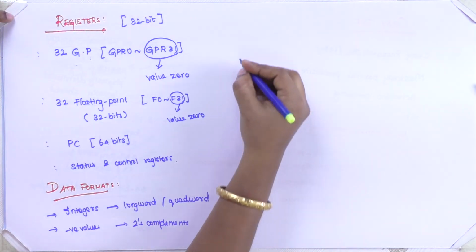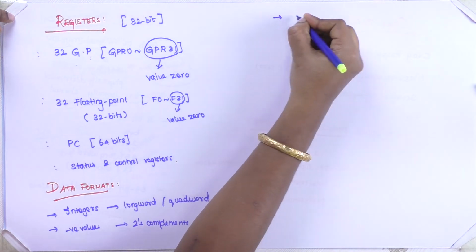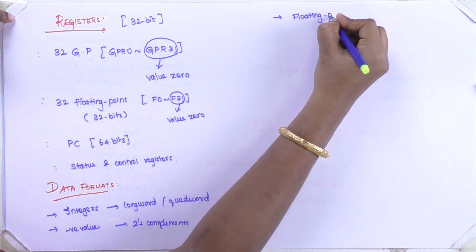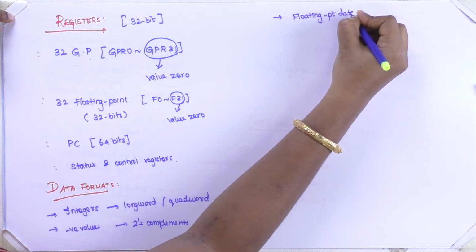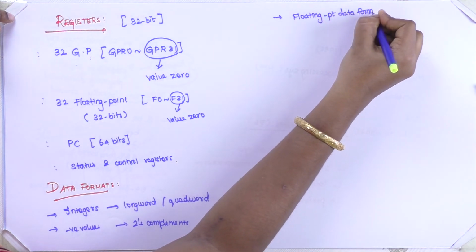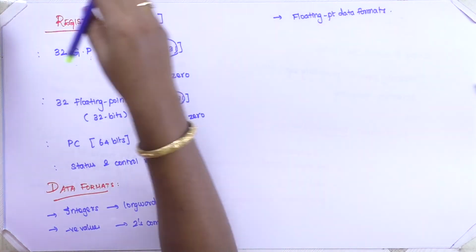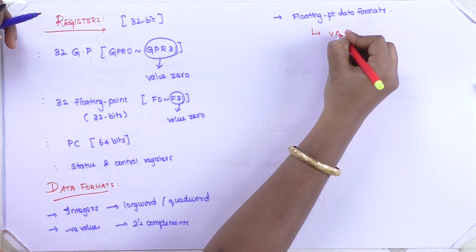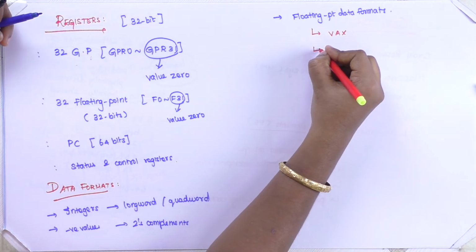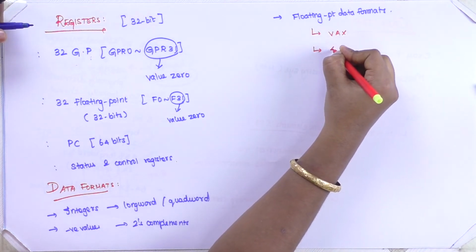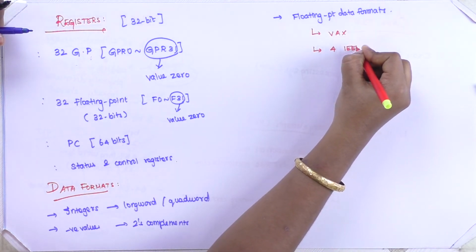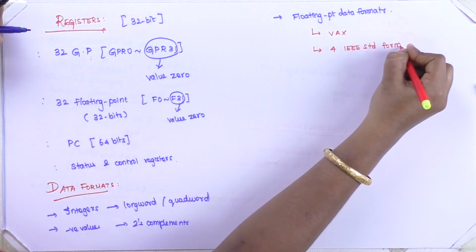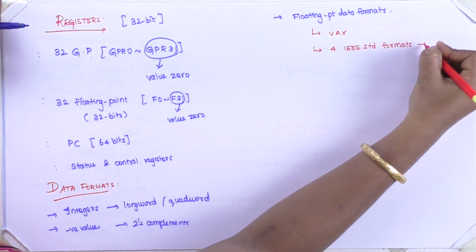Two different types of floating point data formats are there: one for compatibility with the VAX architecture, the other consisting of 4 IEEE standard formats which are compatible with modern systems.